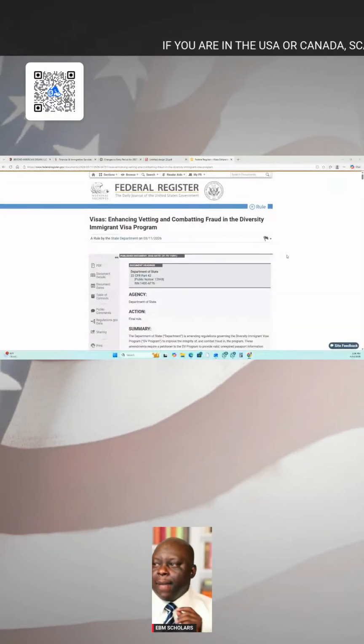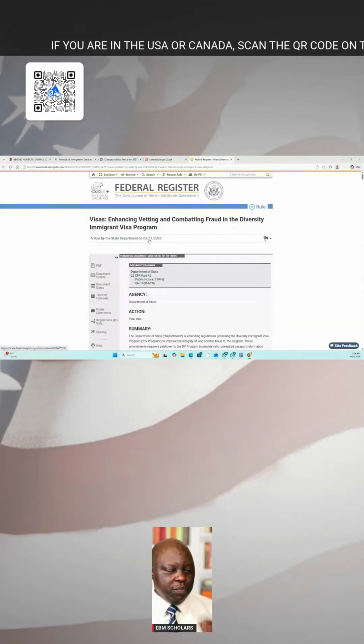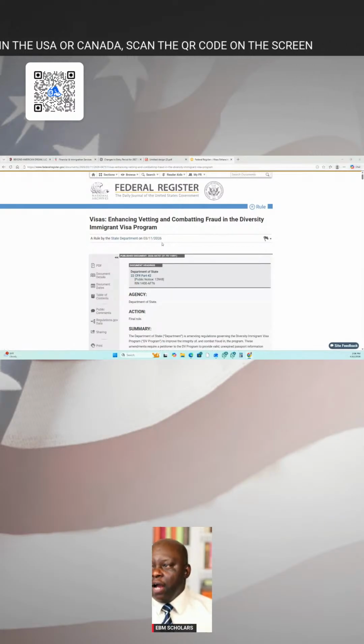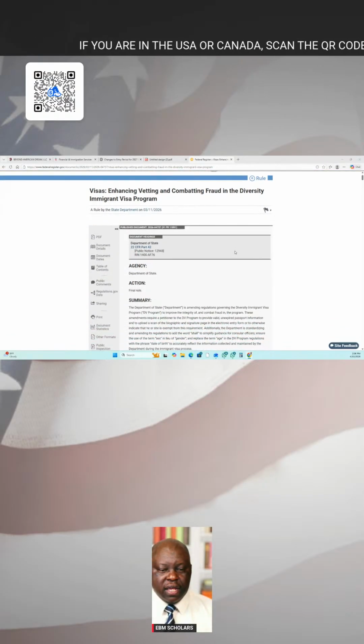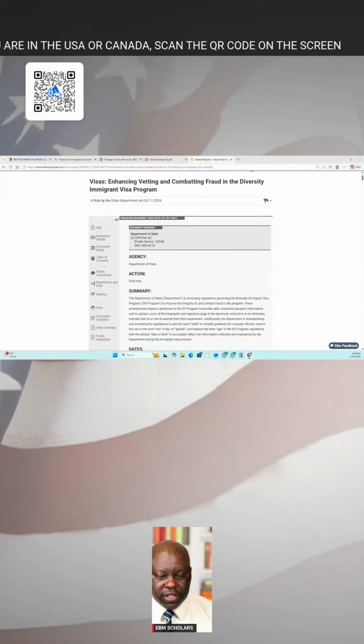For those who want to understand, on March 11, to be exact, they announced the new regulations for the diversity visa, DV2027. In those instructions, they said the following things.